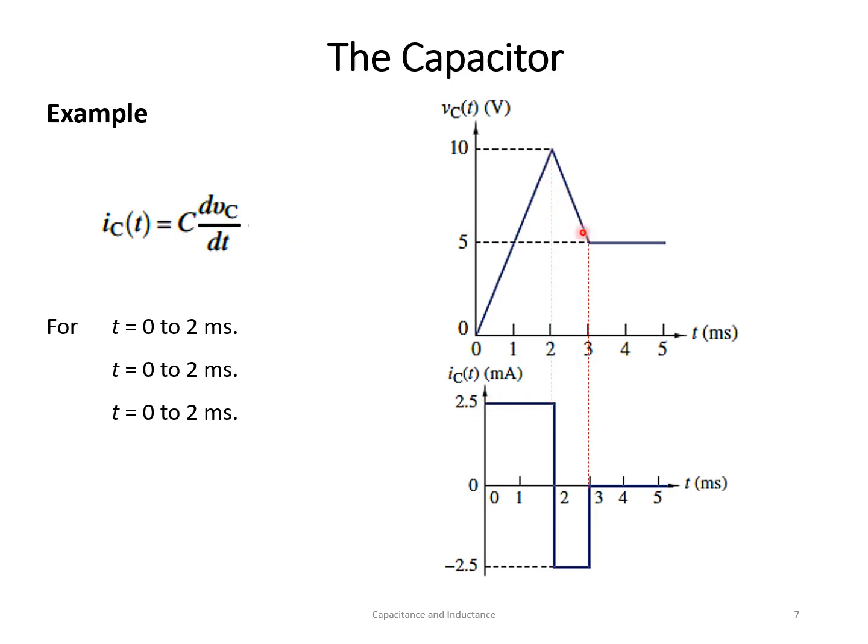And for the next time segment, from 2 millisecond onward, what is the function of the voltage? It is 3 minus 10, which is minus 7, divided by 1 millisecond. This is dV by dt.